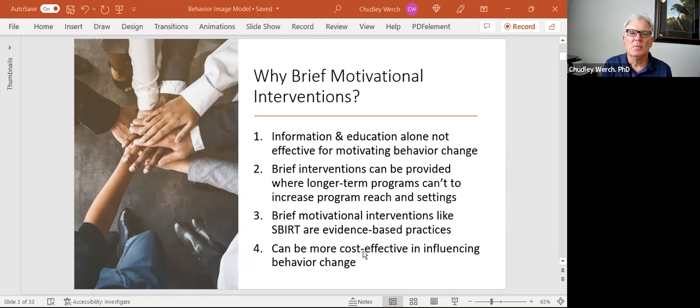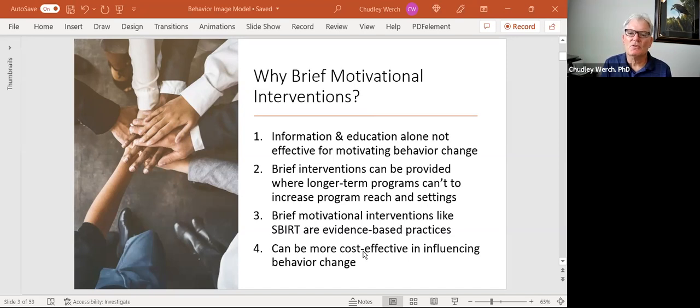And if you give them information, if you give them education, that alone is not effective in changing behavior. If you don't believe me, just look at the many, let's say, for example, healthcare providers that still smoke cigarettes. This is one quick example.